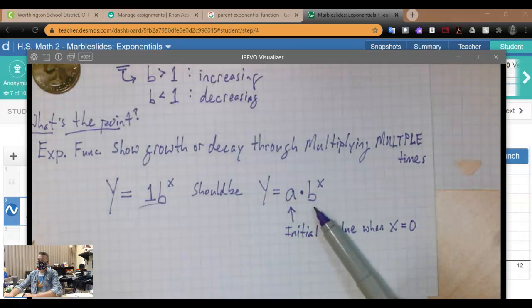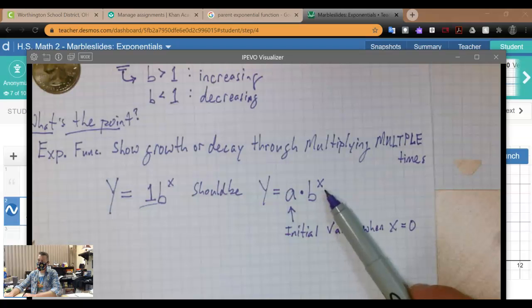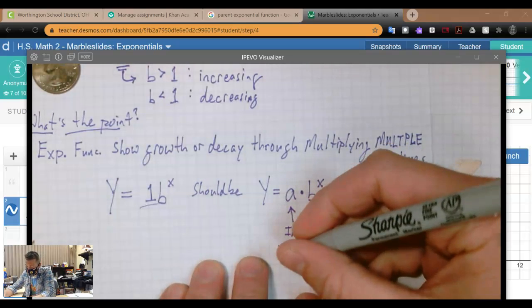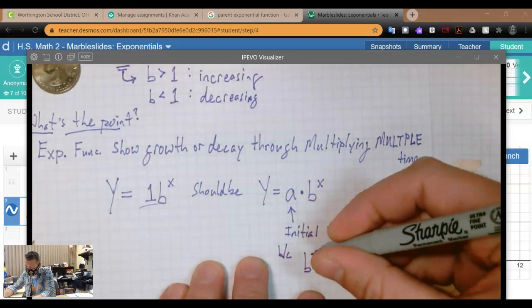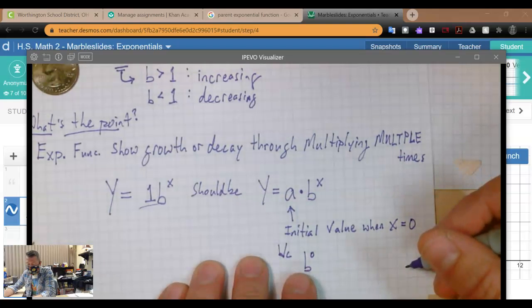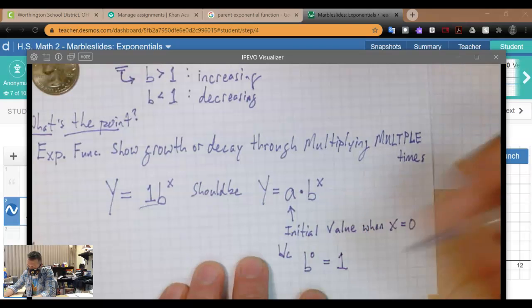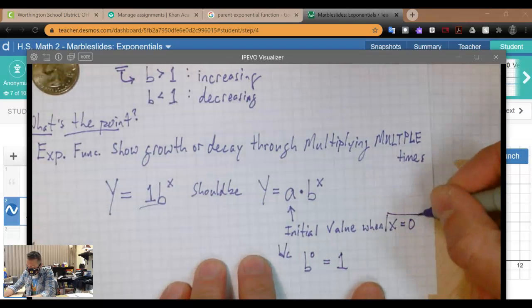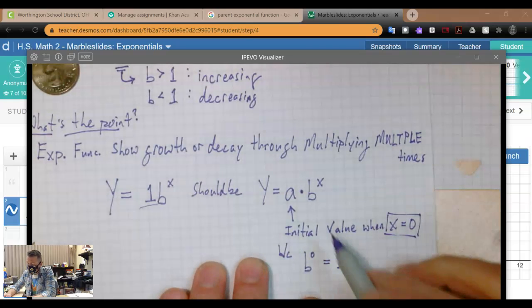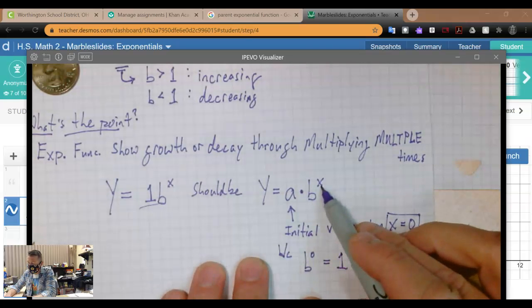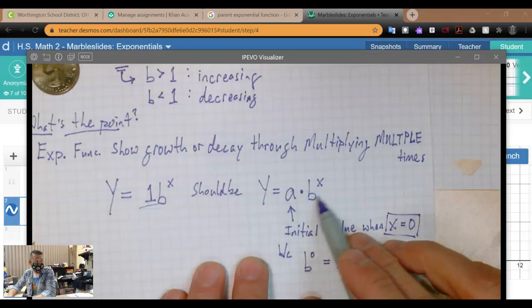If b is a number, what is a number raised to the 0 power? 1. So b to the 0 power, no matter what number b is, equals 1. So when x is 0, b gets raised to the 0 power. A number multiplied by 1 doesn't change.